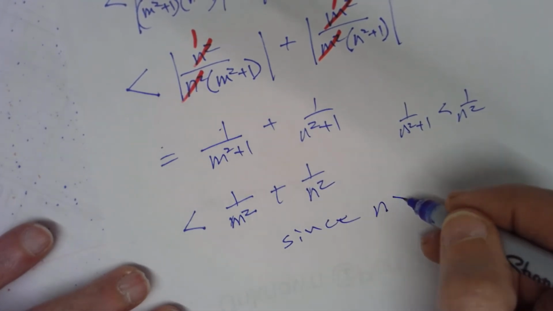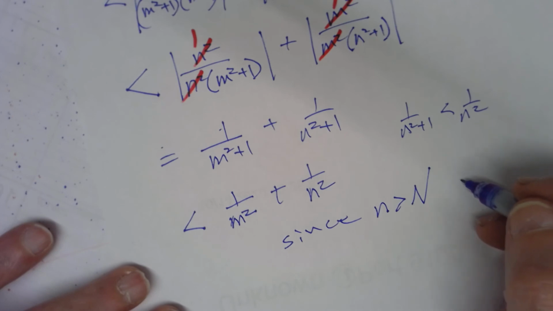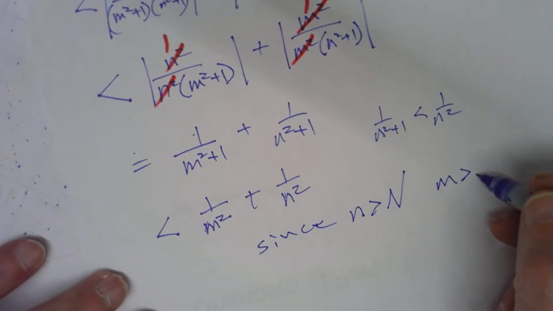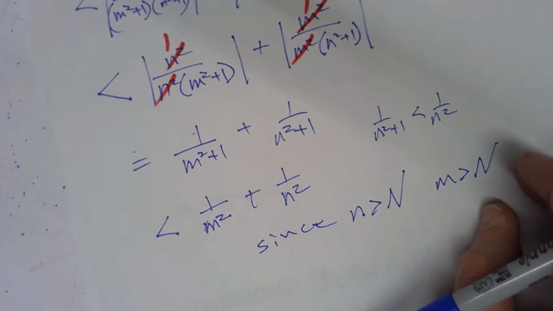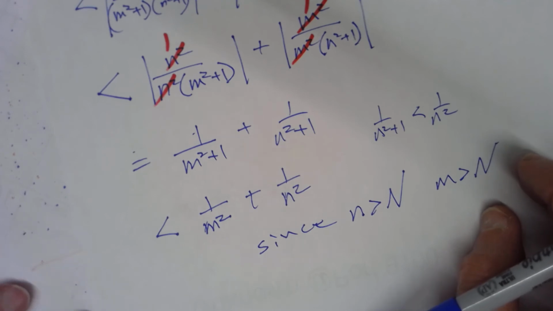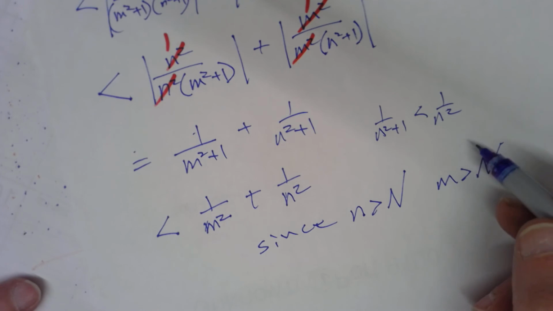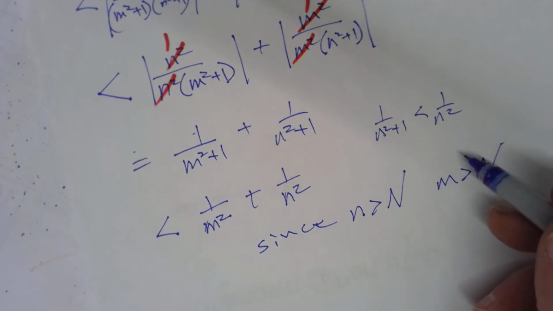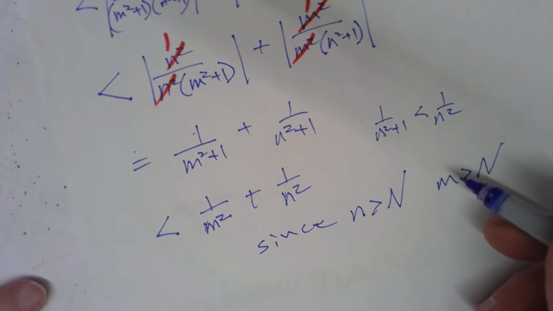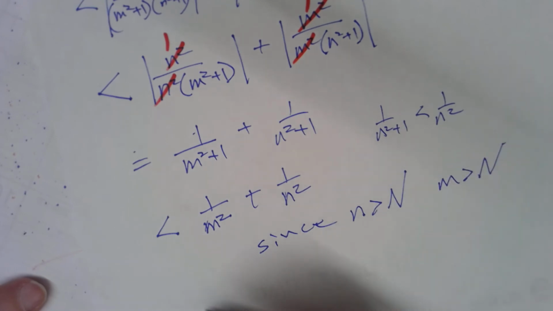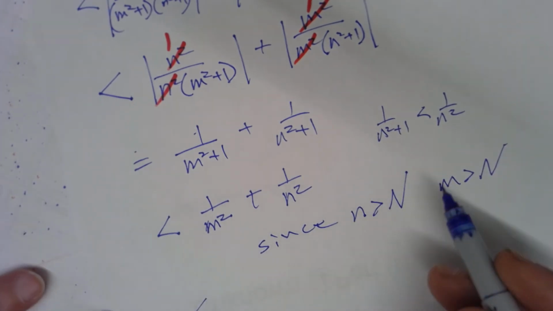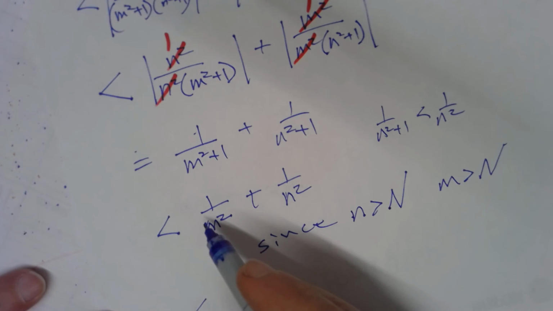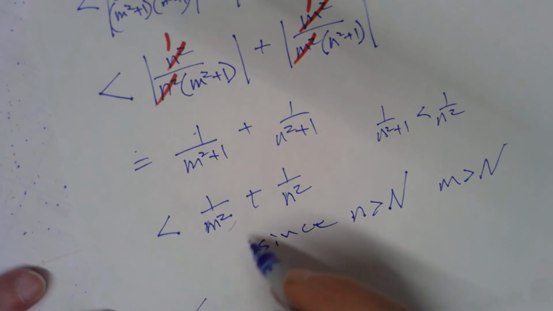Since n is greater than uppercase N and m is greater than uppercase N, we can say that this is all less than, since n is greater than m, then the denominator is larger, so that'll make this smaller.